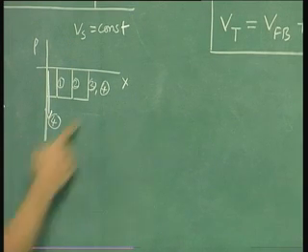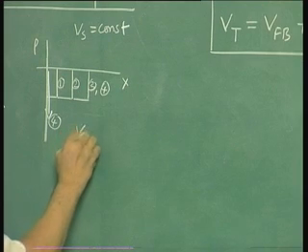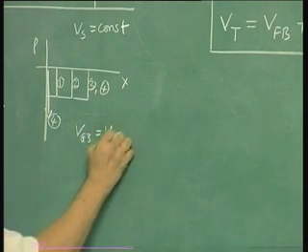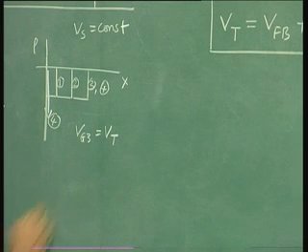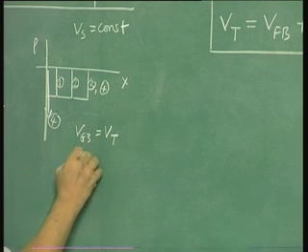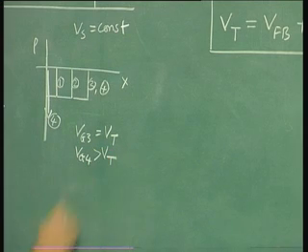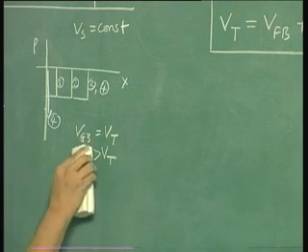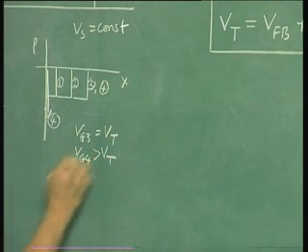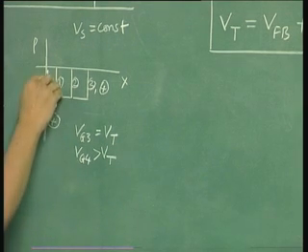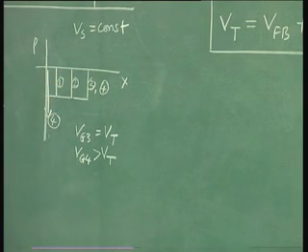So 4 is into inversion. Vg3 is equal to Vt including the body effect, and Vg4 is greater than Vt.